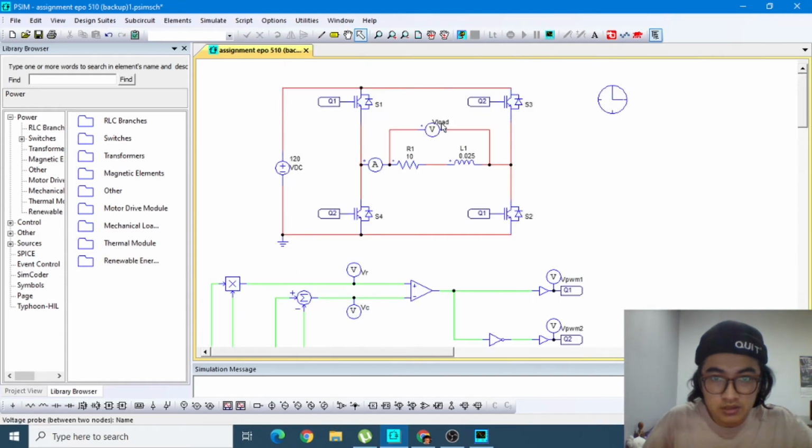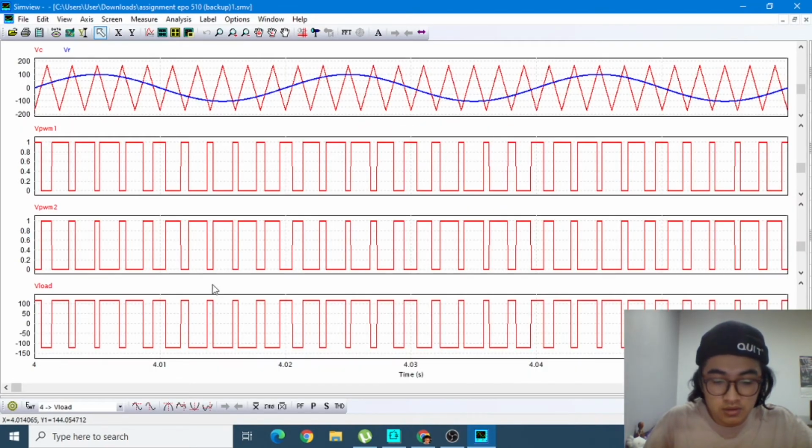It is right here between the load. So we see here the result for V load and PWM1 is the same. This is because it depends on the waveform for VR and VC.